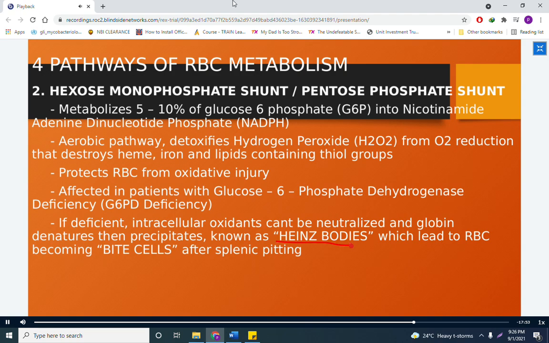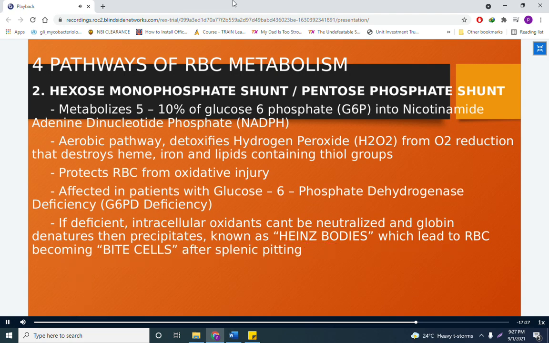If you're asked, what do you call the product of globin denaturation? It's Heinz bodies. What type of pathway can you see Heinz bodies? It's your HMP pathway. Now, your Heinz bodies, class, will lead to RBCs becoming bite cells after splenic pitting. Okay?